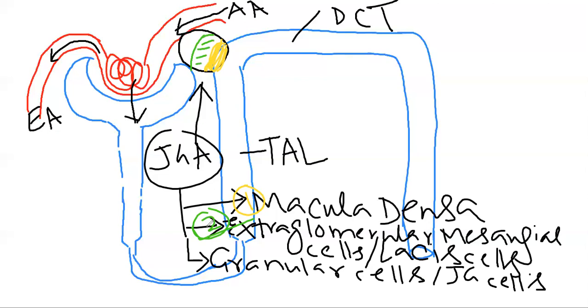And third one is the granular cell, or the JG cell. The granular cell is particularly present at the junction between this extraglomerular mesangial cell, or Lacis cell, and the endothelial cell lining of the afferent arteriole. So here it is the JG cell, and this is the juxtaglomerular apparatus.